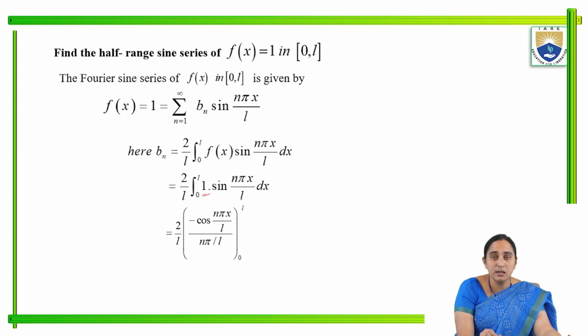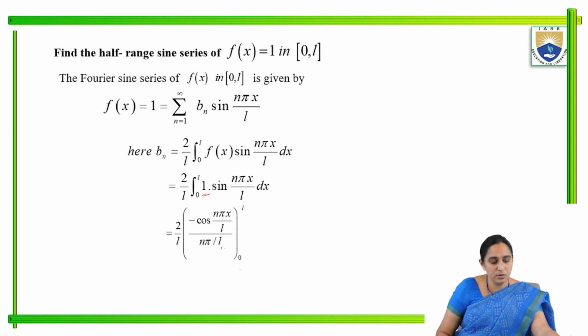That means directly integrate only sin(n pi x by L). The integration of sin(n pi x by L) is minus cos(n pi x by L), divided by the x coefficient n pi by L. That is 2 by L into minus cos(n pi x by L) by n pi by L, limits 0 to L. Now substitute the limit points.